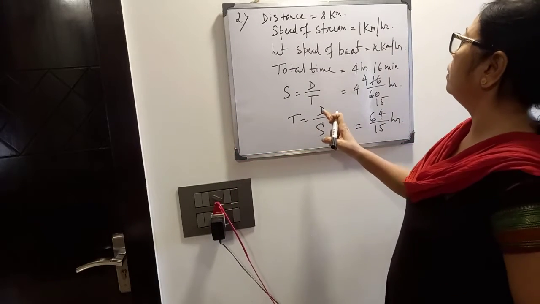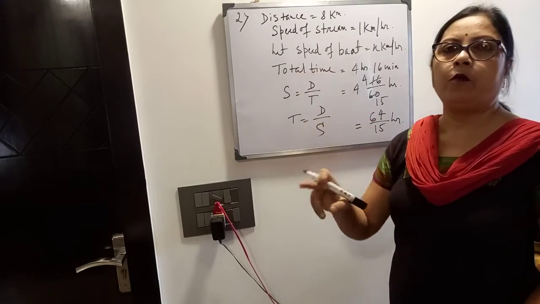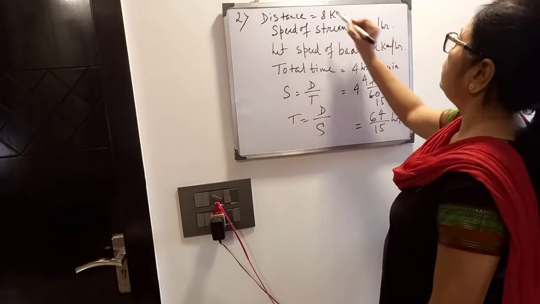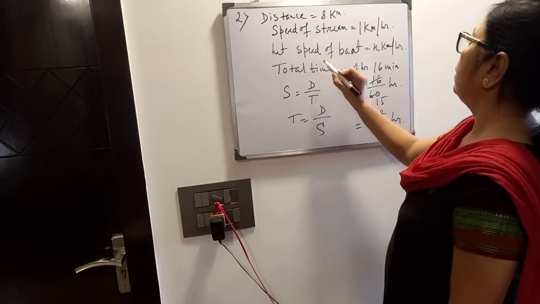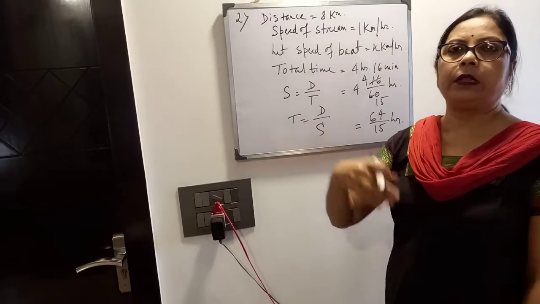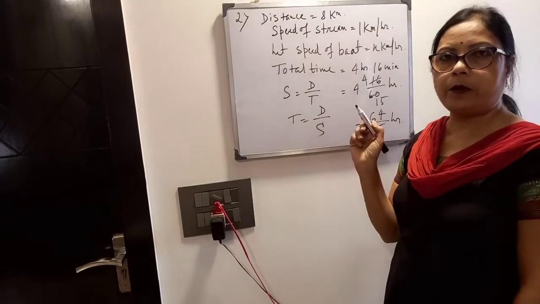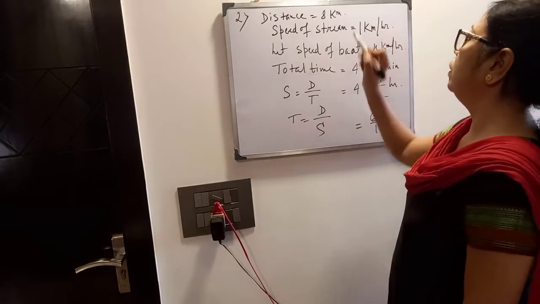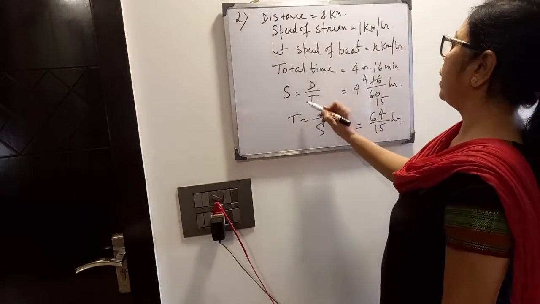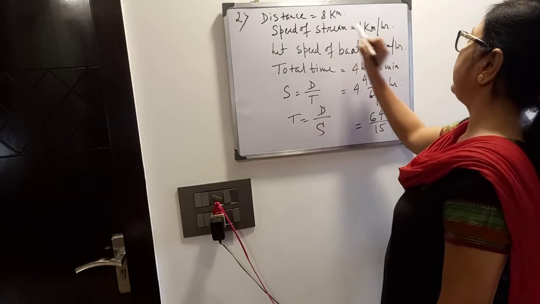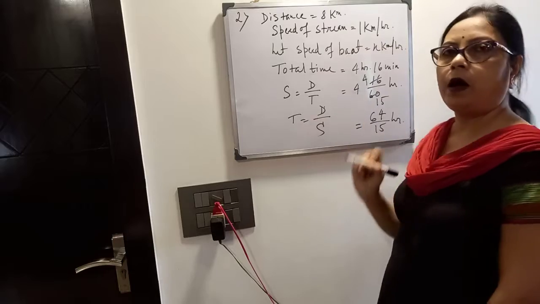Now what will be the time when the boat is going? Distance is 8 km and the speed of the boat at that time will be x plus 1, as I just discussed. So the time will be distance by speed, 8 by x plus 1 hour.